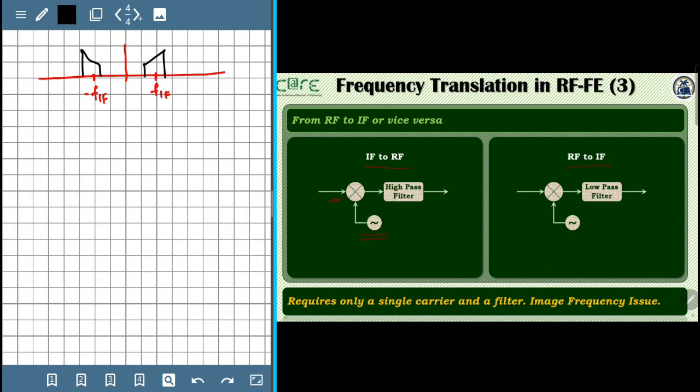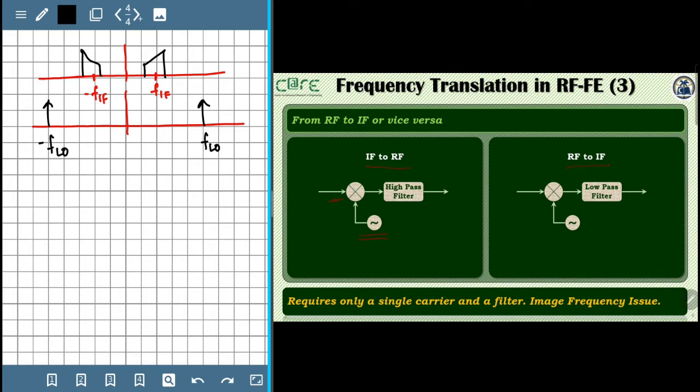The local oscillator signal is a sinusoid or a cosinusoid, and it would therefore have a spectrum that looks as follows. It basically has a pair of impulses at F_LO and minus F_LO.